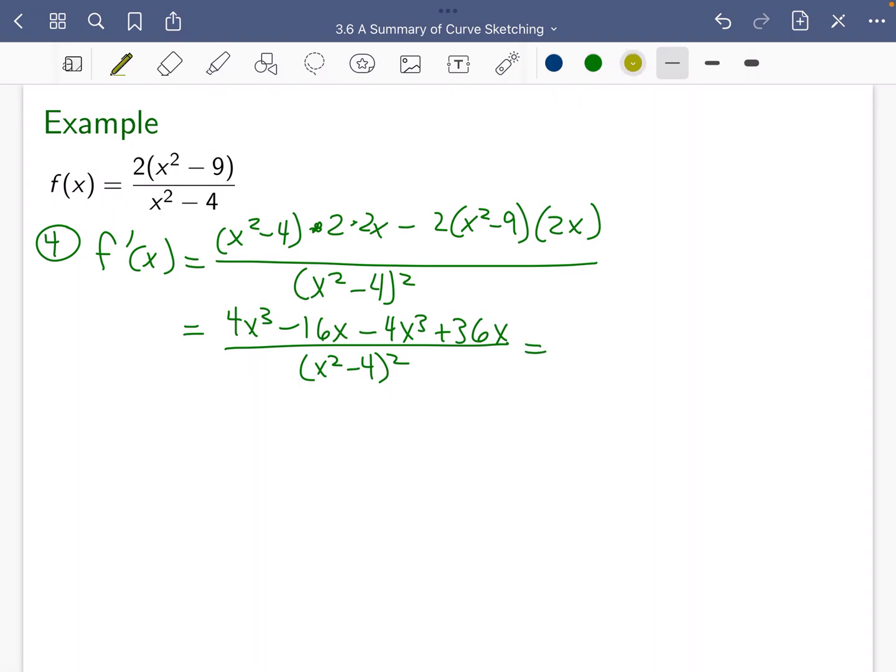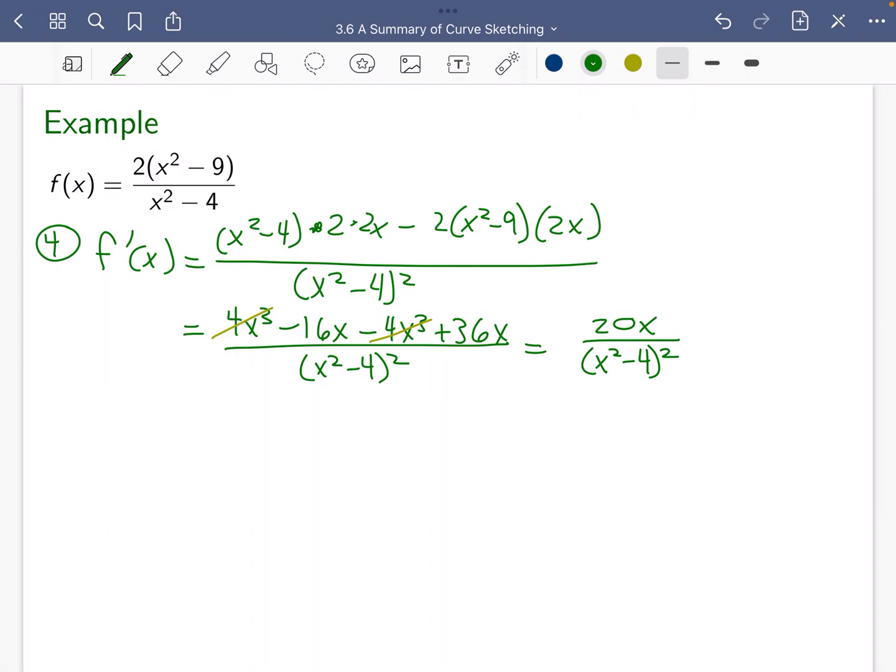The 4x cubes will cancel out, and so we're going to be left with just 20x on top and x squared minus 4 squared on bottom.